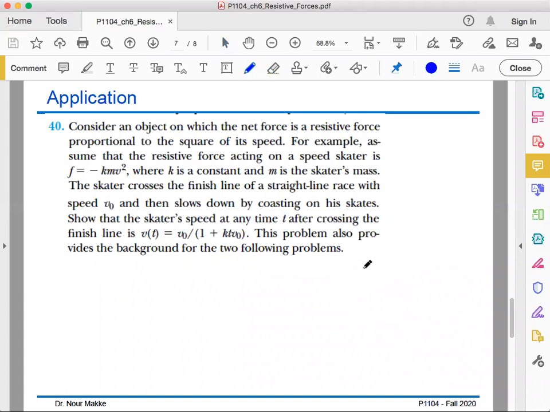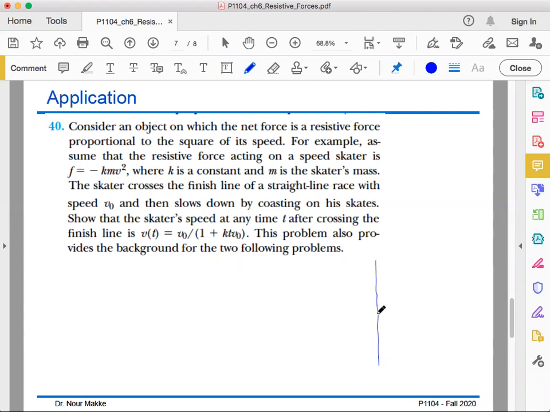Let's say this is the finish line where you have the final race. So they said that this skater crosses the finish line of a straight line race with a speed V0.